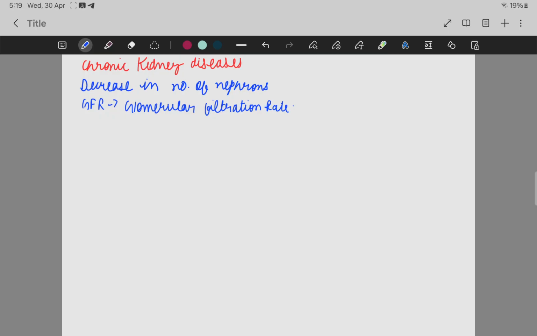Overall kidney GFR is equal to the GFR of one nephron multiplied by the number of total nephrons.